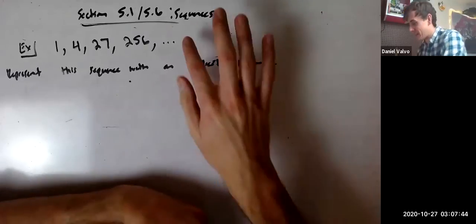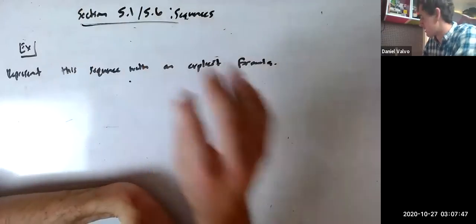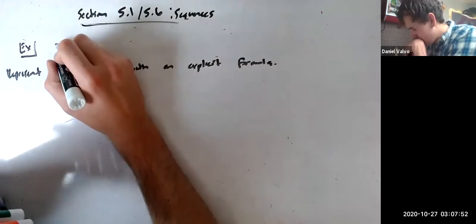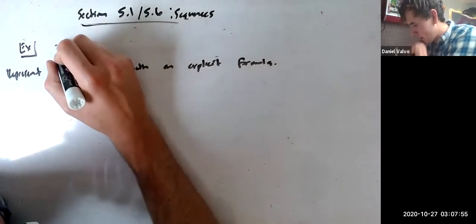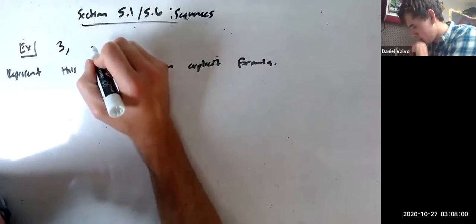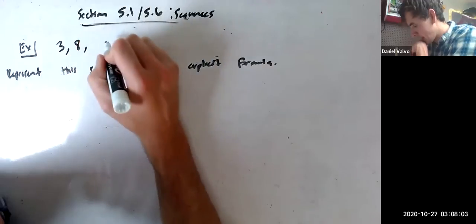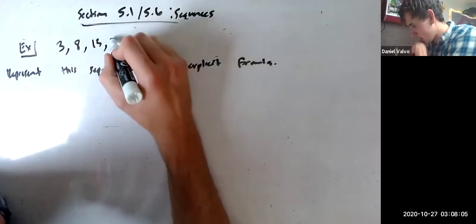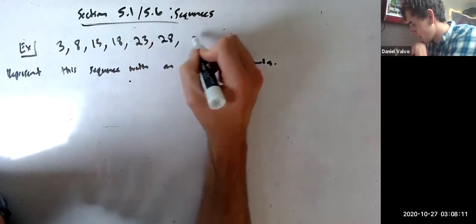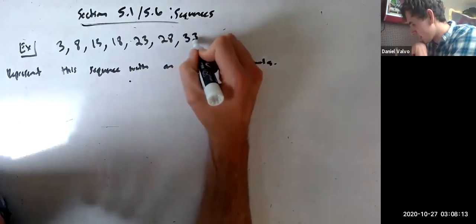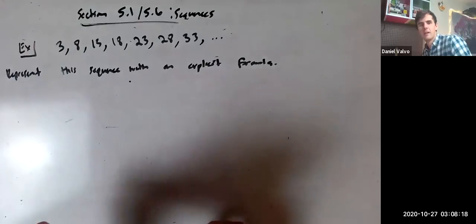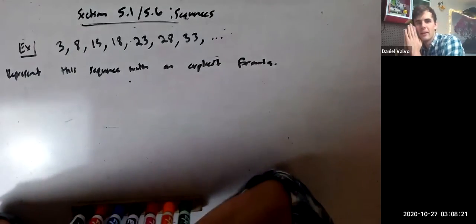Maybe we'll come back to this one. Let's do an easier one first, just to show the process. So what if we had, instead of that, maybe, let's say, 3, 8, 13, 18, 23, 28, 33, on and on like that.